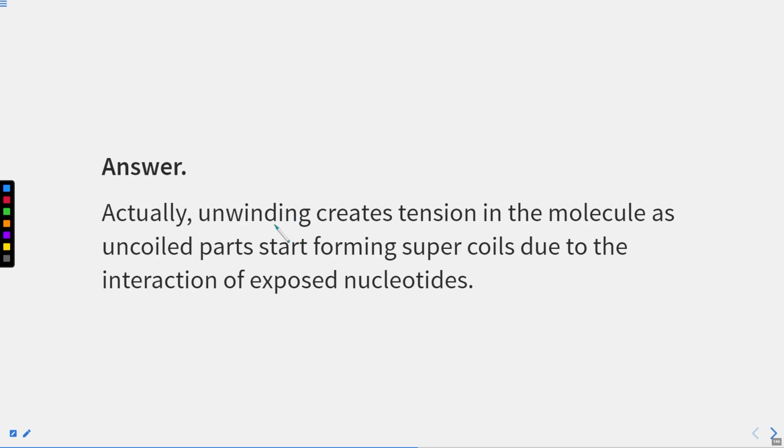As the uncoiling happens, the uncoiled parts start forming supercoils. And why do they form supercoils? Due to the interaction of the exposed nucleotides. The nucleotides are exposed, so they can bind with each other and form supercoils.